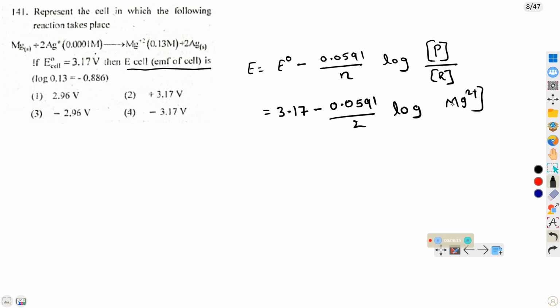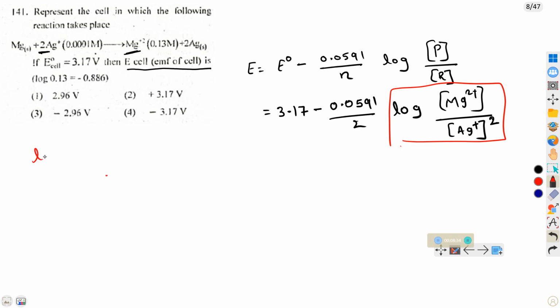Mg2 plus concentration by Ag plus concentration. Mg2 plus here is 1 mole only, but Ag plus number of moles is equals to 2 moles, so whole square. First of all, simplify this part. Log of Mg2 plus concentration 0.13 by Ag plus concentration 10 power minus 4 whole square.